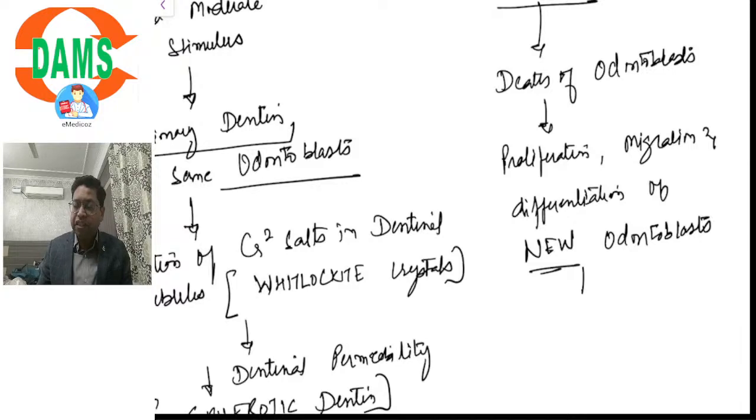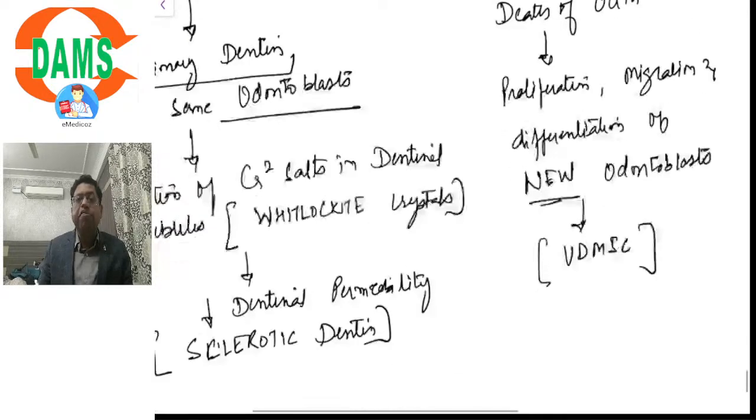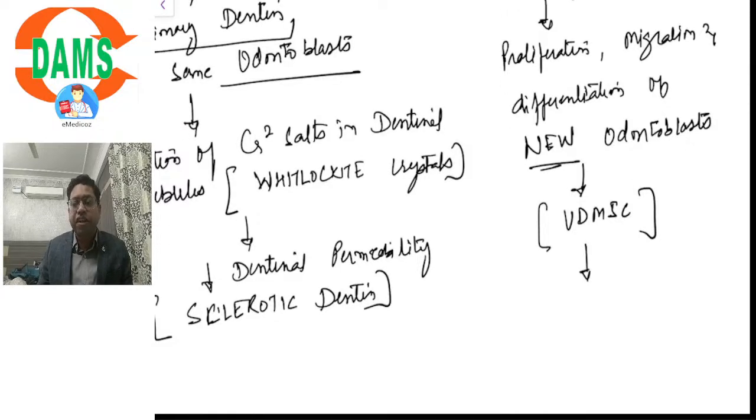These new odontoblasts, from where would they come? We all know that there are undifferentiated mesenchymal stem cells present in the pulp. From these undifferentiated mesenchymal stem cells, these new odontoblasts would come into the picture, and they lay down a new layer of dentine that is called reparative dentine.